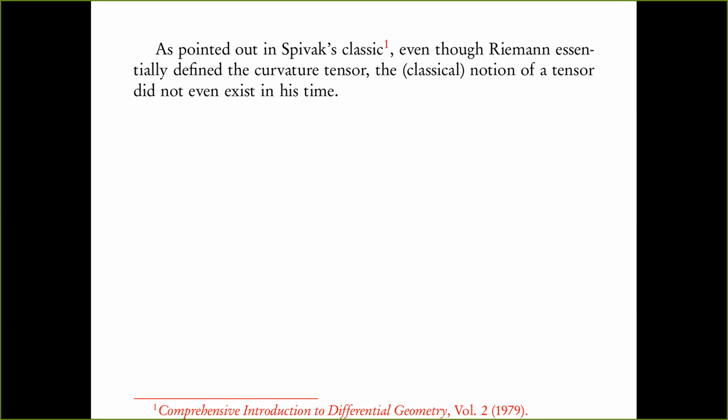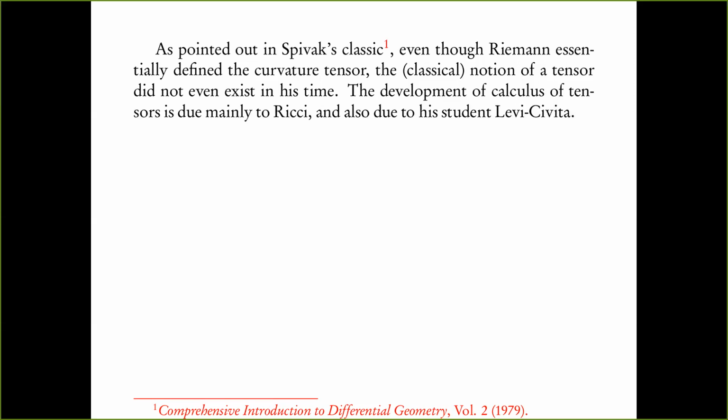In the subsequent years, Ricci had a lot to do with the development of the calculus of tensors, and later on also his student Levi-Civita, as you have seen being attributed to the notion of Levi-Civita connection, worked on this notion.